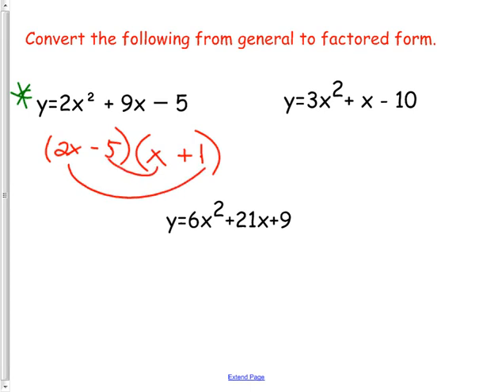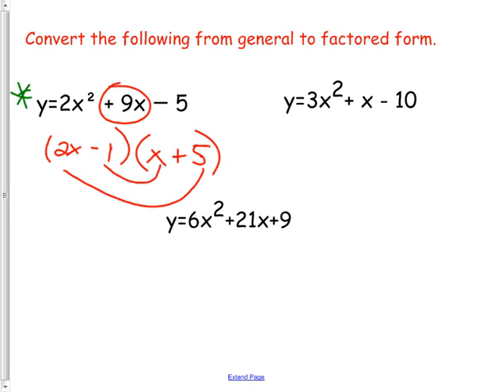That's not what I wanted. So now I have to back up and try it in a different spot. Maybe it's minus 1 and plus 5. Positive 10, negative 1 makes positive 9. There we go. The firsts make 2x squared. The outside inside I already checked. And the lasts make negative 5.